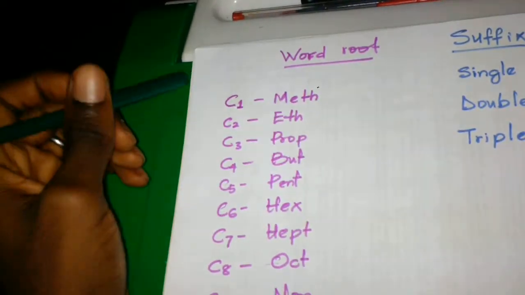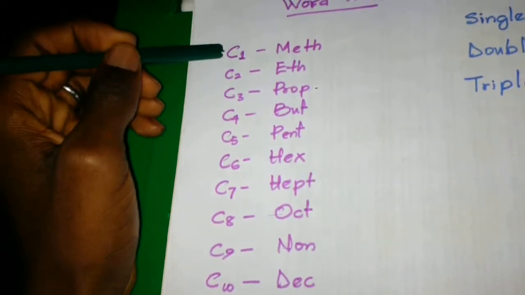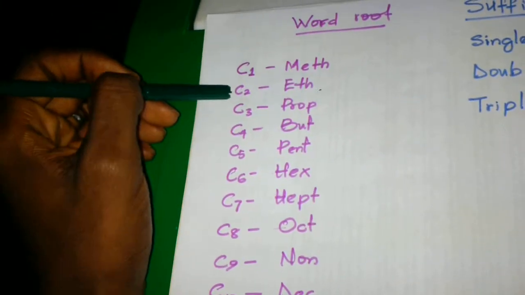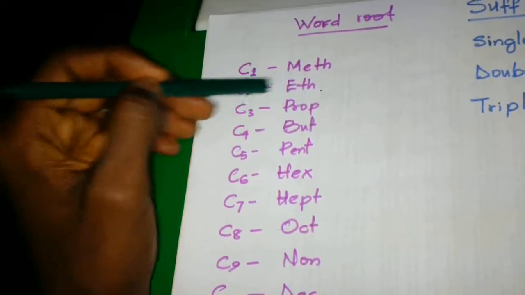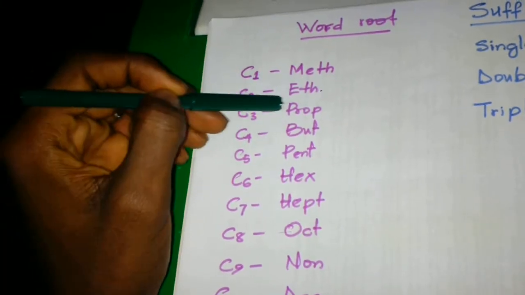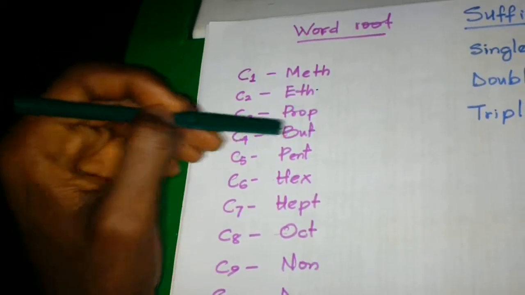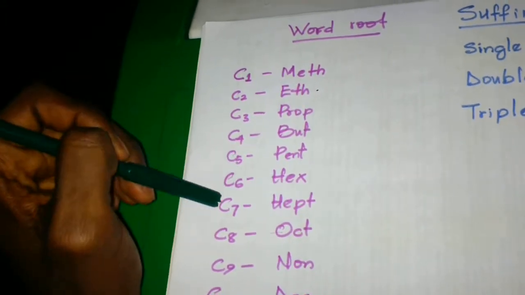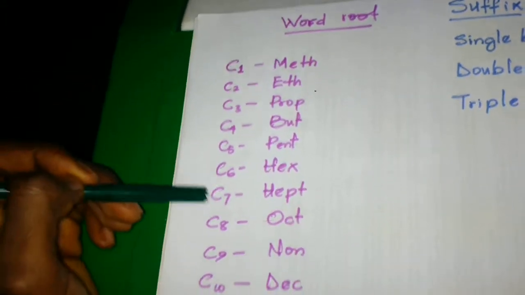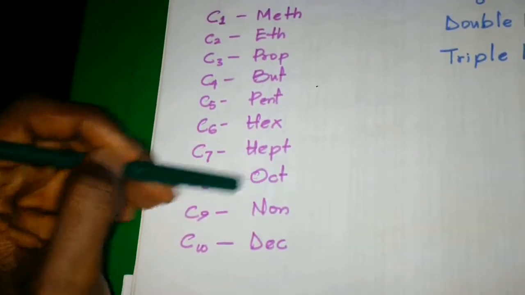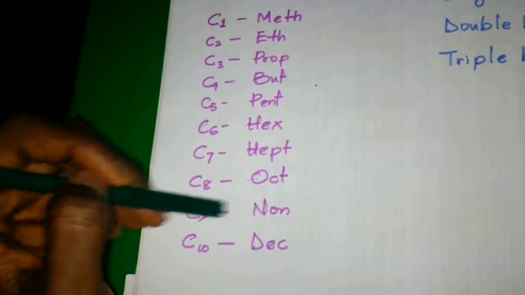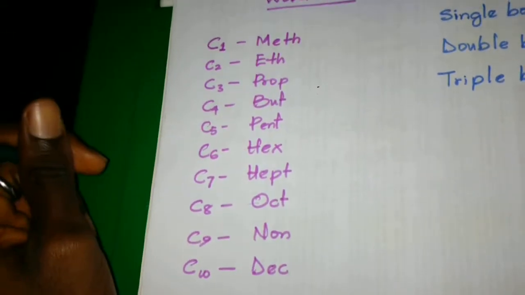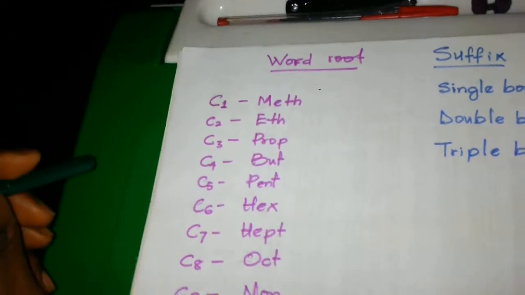If it is 1 carbon, it is meth. If it is 2 carbons, it is eth. If it is 3 carbons, it's prop. 4 carbons is but. 5 carbons is pent. 6 carbons is hex. 7 carbons hept. 8 carbons oct. 9 carbons non. Then 10 carbons dec. That's for the word root.